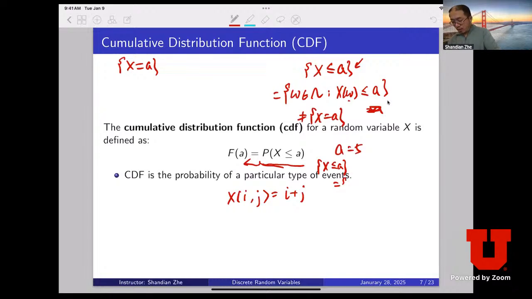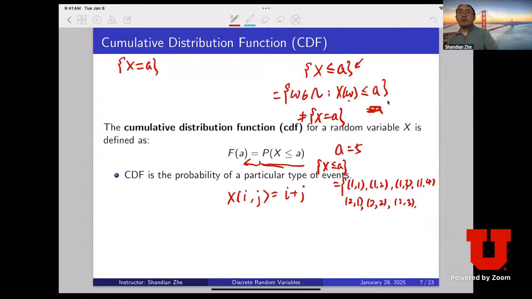So you can just look at all pairs (i, j) whose summation is less than or equal to 5, right? We can start with (1,1), (1,2), (1,3), (1,4), right? Could it be possible for (1,5)? No, why? Because the summation is bigger than 5, right? It doesn't satisfy the inequality. Then we start with (2,1), (2,2), (2,3).